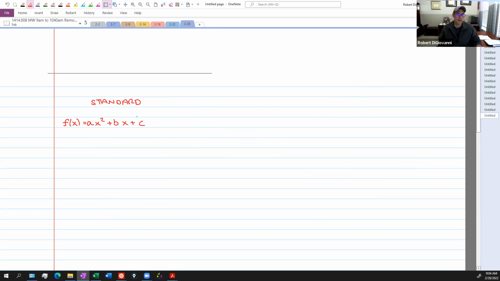And that's what I based the steps on sketching on. The other form that you can see a quadratic is called the vertex form. Okay, now this form looks like this. f of x equals a times the quantity x minus h squared, plus k. So that is the vertex form of a quadratic function.